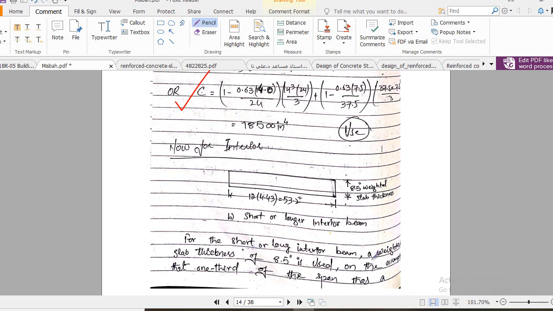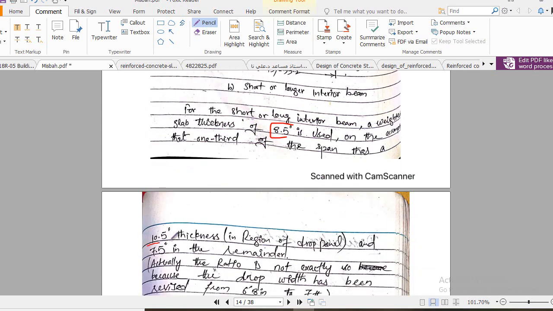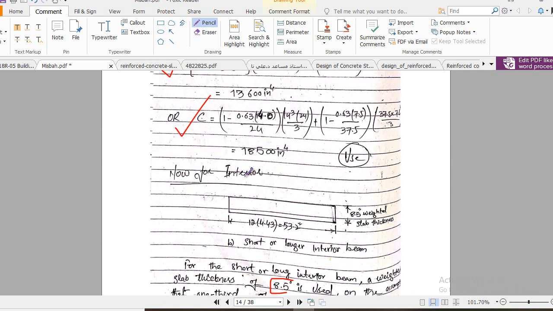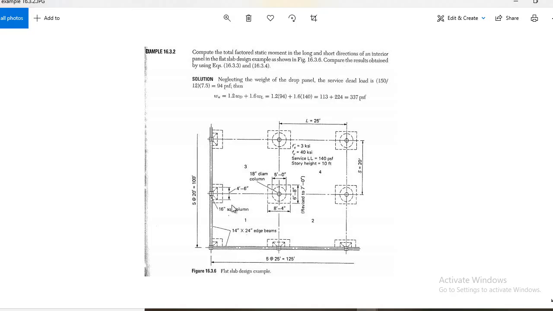For the short or long interior beam, a weighted slab thickness of 8.5 inch is used. Clear? And the assumption is that 1/3 of the span has a thickness of 10.5 inch and the rest 7.5 inch. Basically, we use the weighted slab thickness. And how to calculate the weighted average? You must know, because they use the assumption I already explained in this figure that the thickness in this region, that is 8 feet 4 inch and 7 feet in this direction, is basically 10.5 inch.